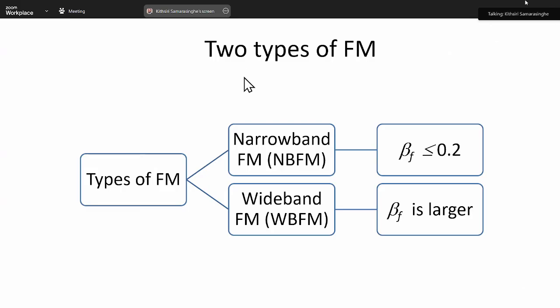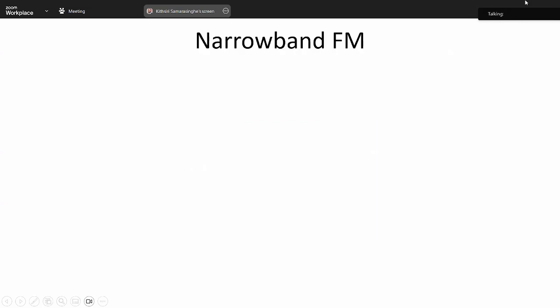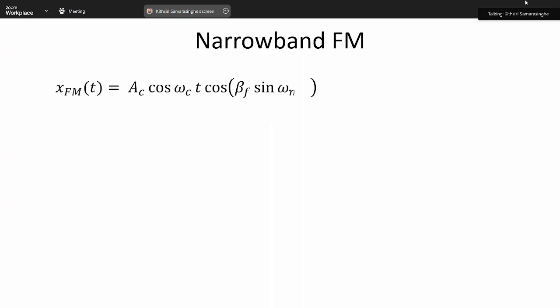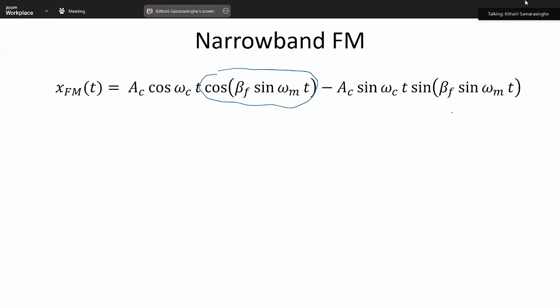Let me show you. Initially, let us analyze narrowband FM. I'm rewriting that equation. Remember when we use cos(theta plus phi), we ended up with cos theta cos phi minus sin theta sin phi expansion. In this, if beta f is very low, like less than 0.2, we can do an approximation here. Cosine of a very low value we can approximate to 1.